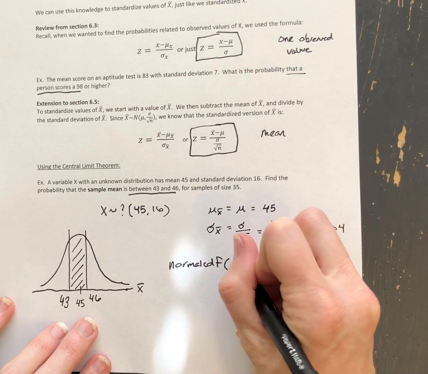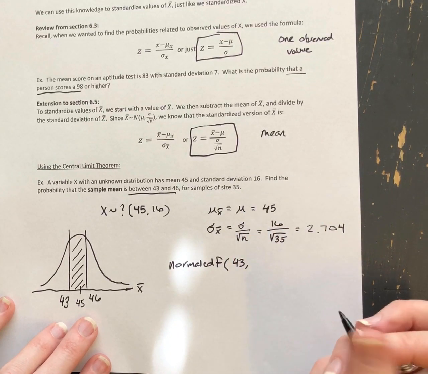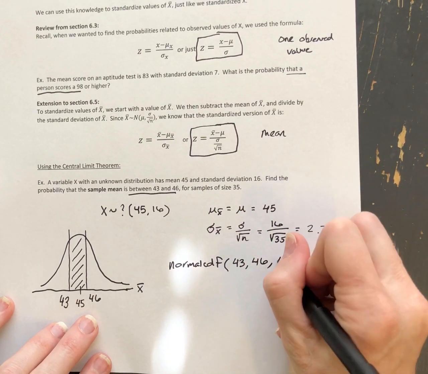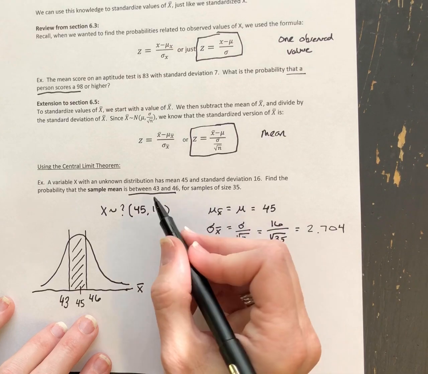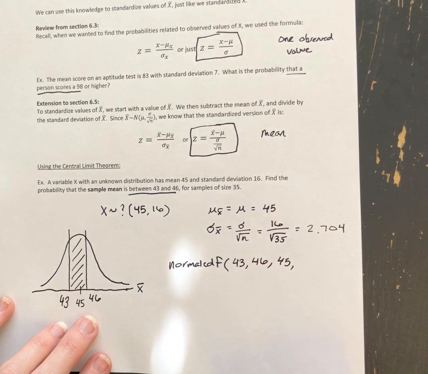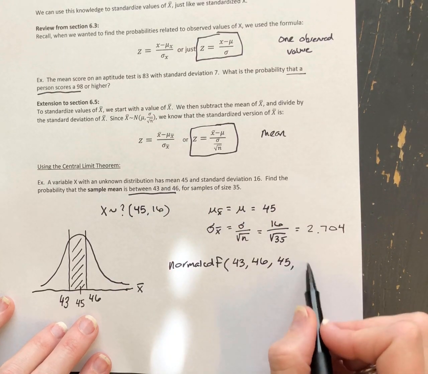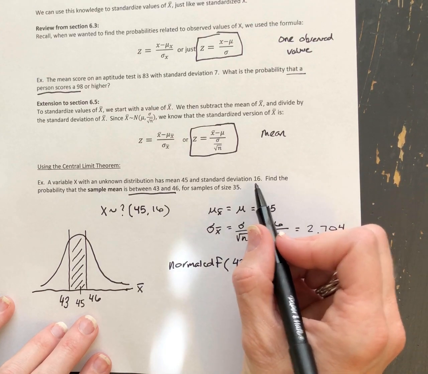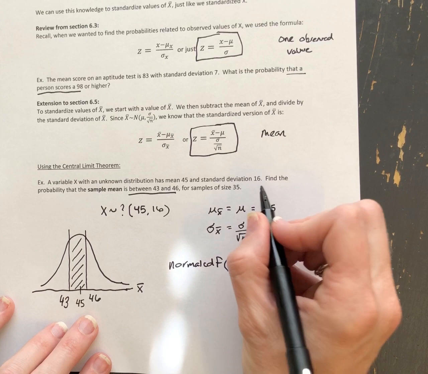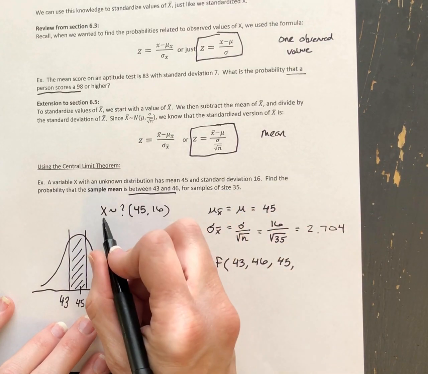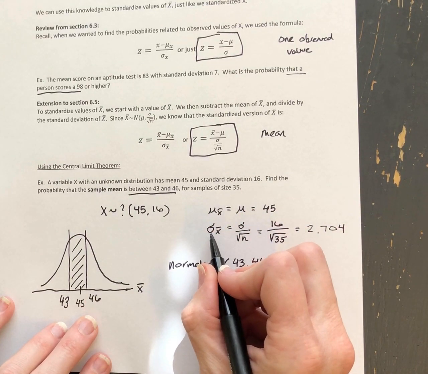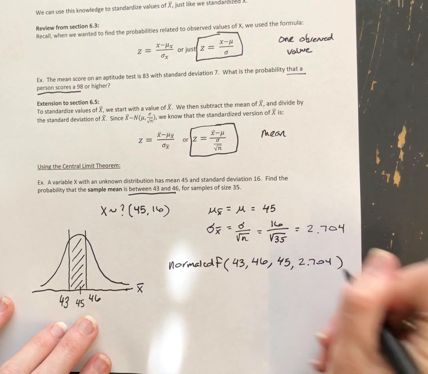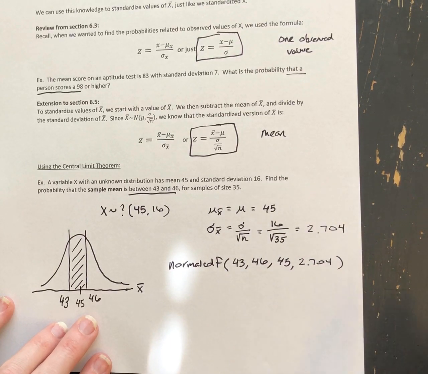Our lower value is 43. Our upper value is 46. Our mean is 45, just like the original variable had a mean of 45. But here's the place a lot of people are going to make a mistake: the standard deviation is not 16. The standard deviation was 16 for x. We need to use the standard deviation of x bar, which was the 2.704 that we just found. Okay.